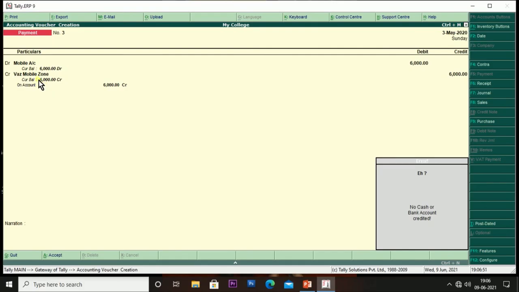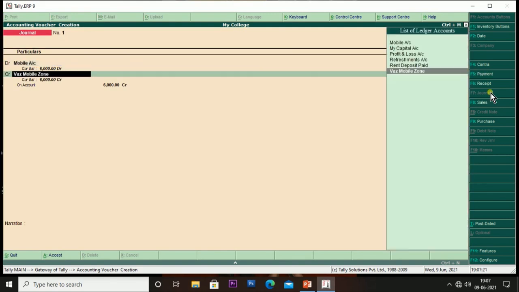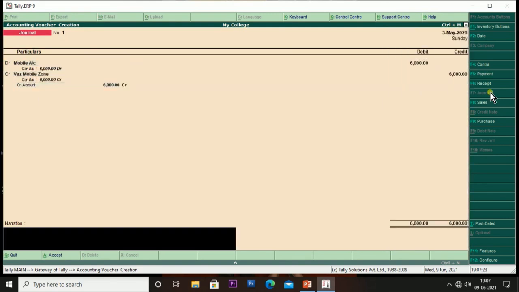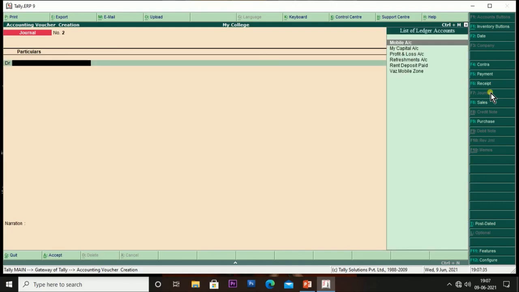In this case, we have not paid the amount to Vas Mobile Zone, the creditor, so taking payment is not possible. For that we will go for journal, that is F7. Journal, mobile account, and now it will accept the data since it is a non-cash transaction related to an asset. So accepted. Got the idea?